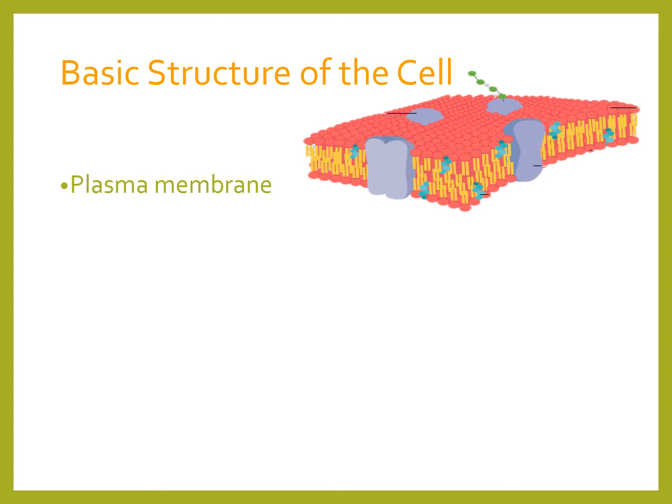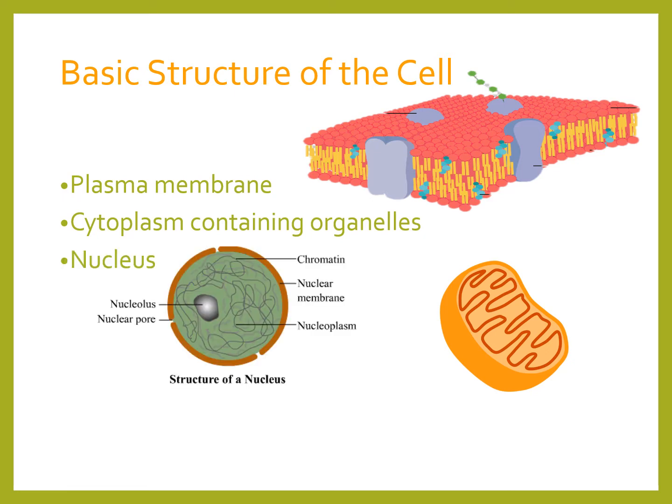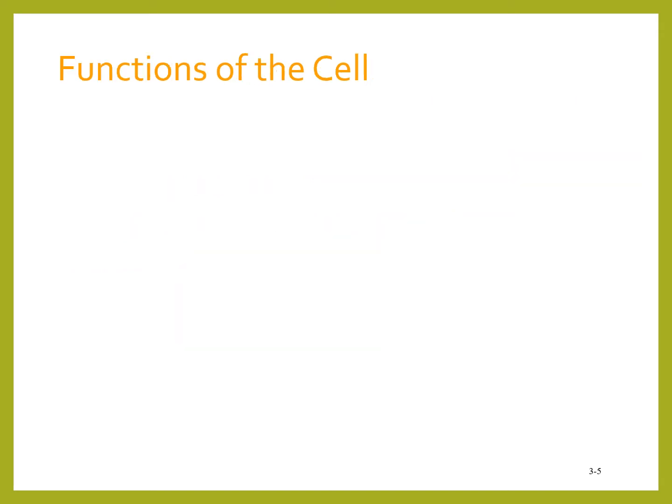Basic structure of a cell. So knowing that there's the plasma membrane and that cytoplasm is containing organelles, the nucleus is the main powerhouse, and that's where everything, the brain of it.